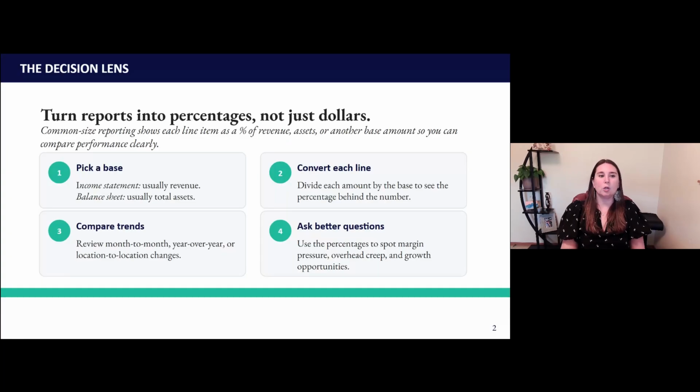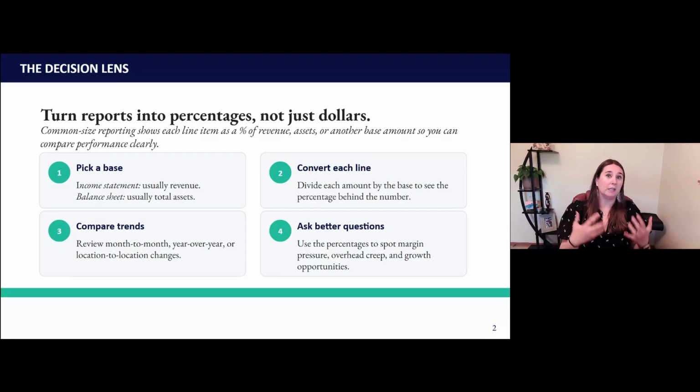Okay. So what is common size reporting? This is taking your financial statements, most of the time your profit and loss or your balance sheet, and instead of looking at everything on a dollar value, we're going to convert everything over to a percentage. In order to do this, we're going to create a baseline.